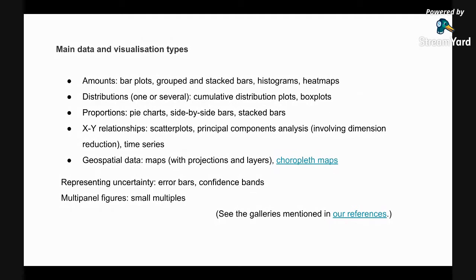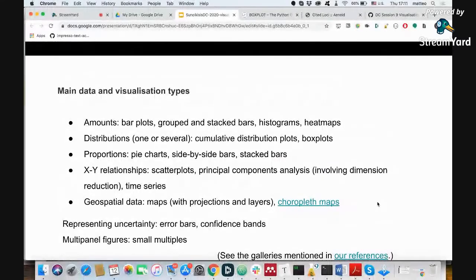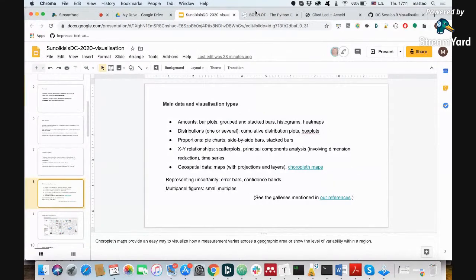Just a brief overview of the types of visualizations. Whenever you're dealing with amounts, there are bar plots, grouped and stacked bars, histograms, and heat maps. We will not show examples for each of them, but I very much suggest you check out the galleries that we linked from our references section in GitHub.